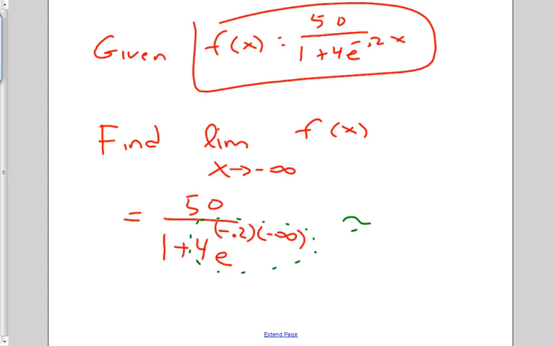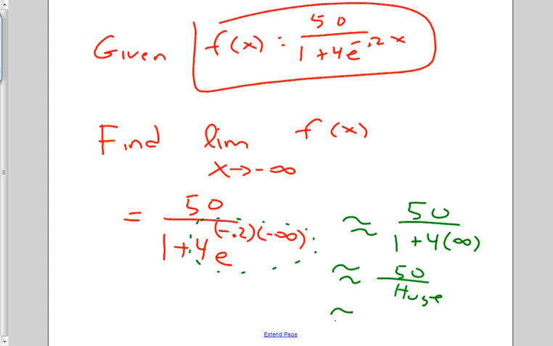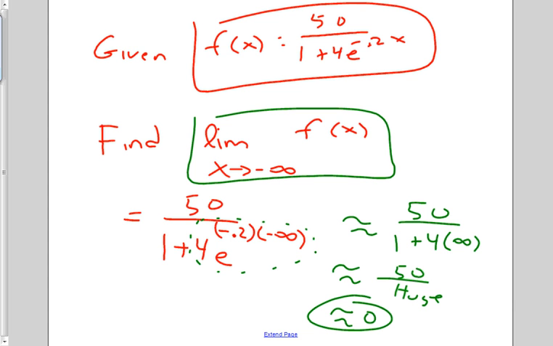So essentially, we can think of that as 50 over 1 plus 4 times e to a huge number, which is like 4 times infinity. So this is essentially 50 over a huge number, which is close to 0. So the limit as x approaches negative infinity of f of x equals 0.